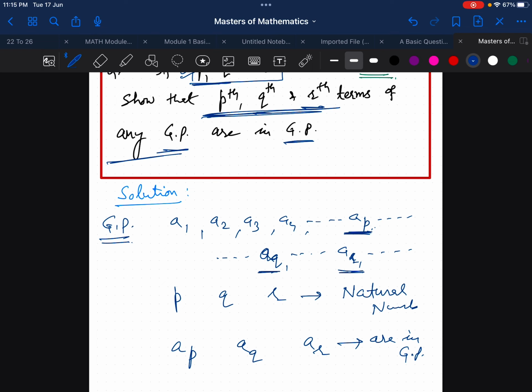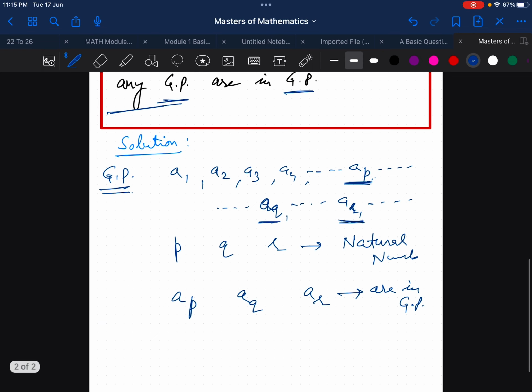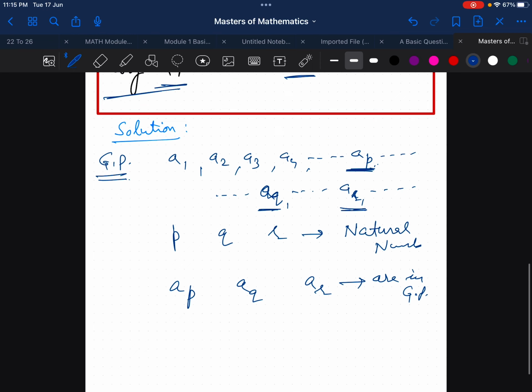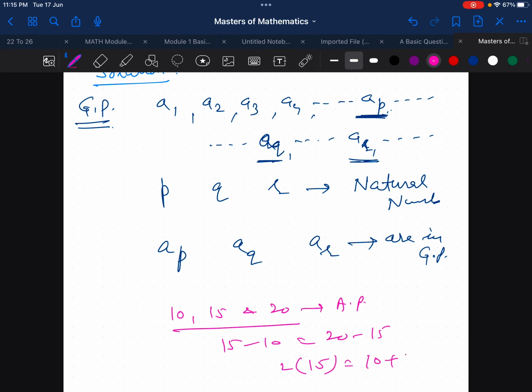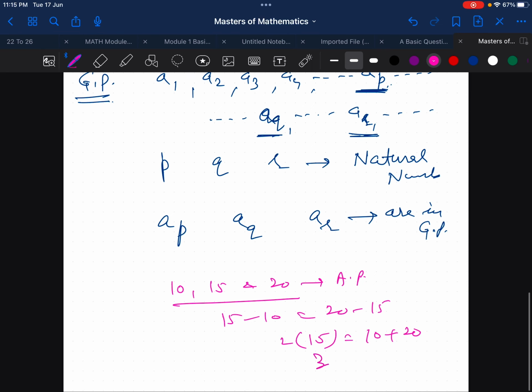If you have understood it, then well and good. If you are not able to understand, then I can take another example. Suppose it is given that 10, 15 and 20 are in AP. Is it true or not? Yes, obviously they are in AP, because 15 minus 10 is equal to 20 minus 15, or you can say twice 15 equals 10 plus 20, 30 equals 30.